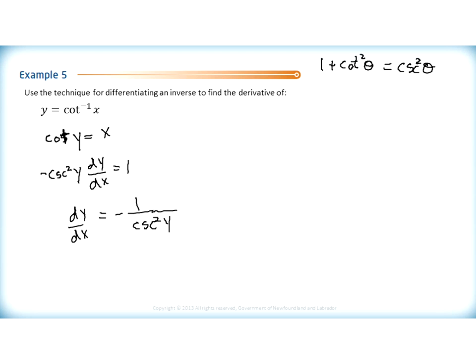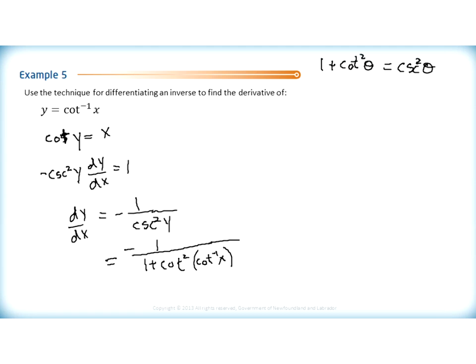So what we're going to do with that then is try to replace the cosecant that's down here. We have a negative in front, so it's negative 1 over cosecant squared, which is 1 plus cotan squared of y, which we already knew was cotan inverse of x.